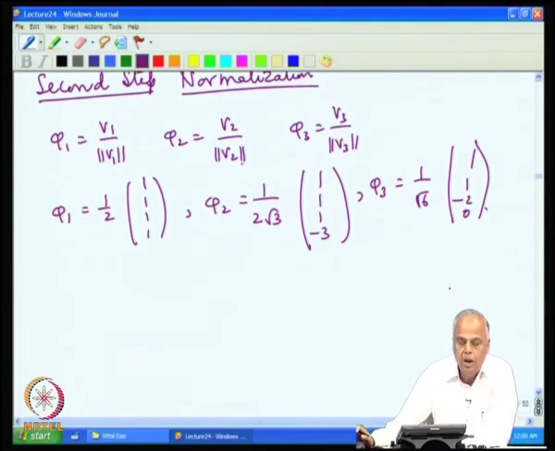So, this is the Gram-Schmidt orthonormalization process with the given vectors.